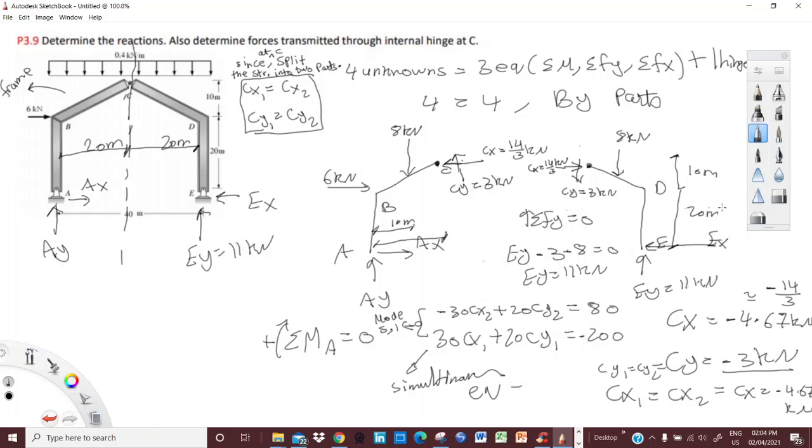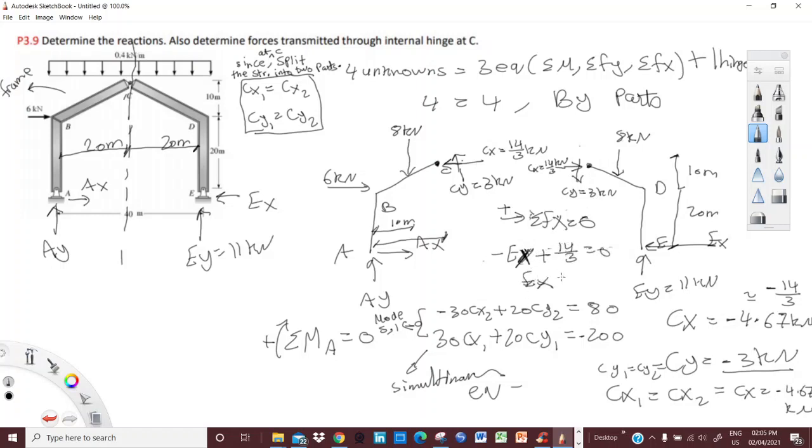Okay, and then we need to find summation of Fx equal to 0. Let's remove this one, positive, therefore minus Ex plus 14 over 3, which is equal to 0.